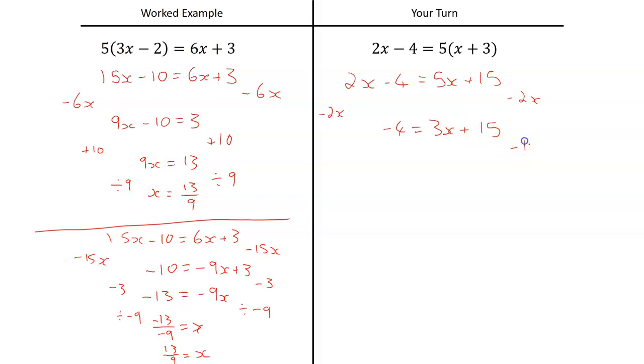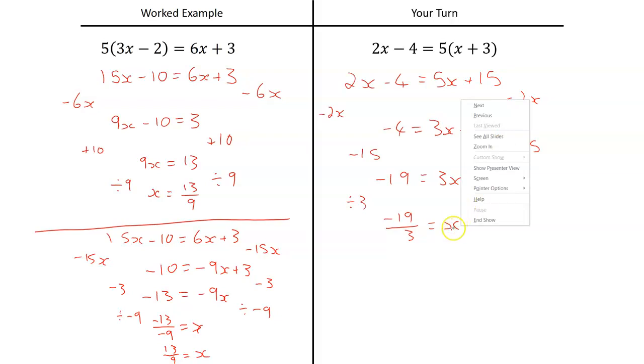Then subtract 15 from both sides. Then divide by 3. And that's it. That's a rubbish x. Sorry. Even more rubbish now.